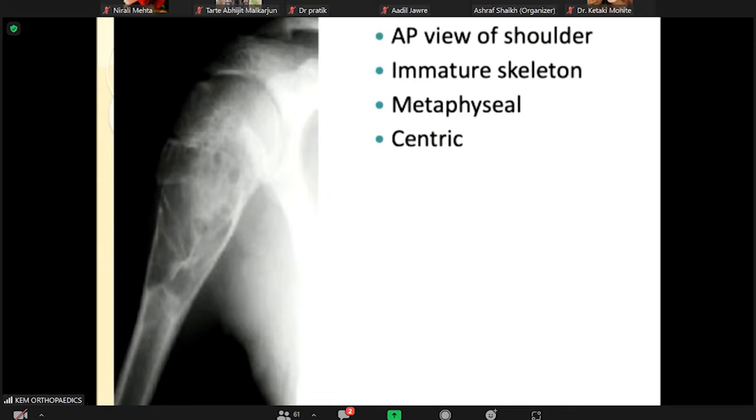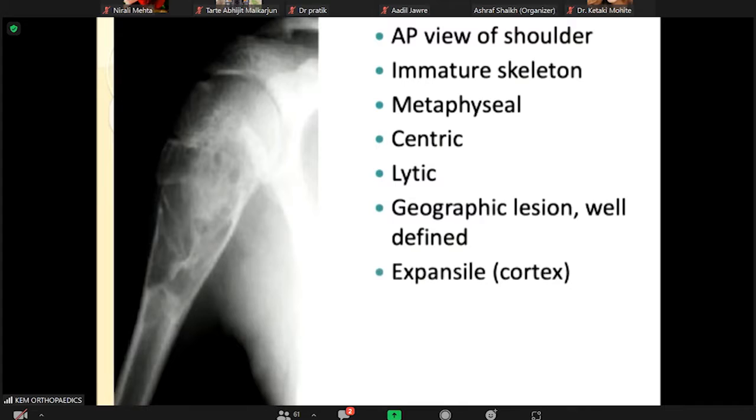Exactly why I'm doing this, because then you get that habit of speaking. That is the AP view of the shoulder in an immature skeleton showing a lesion in the metaphysis, which is centric and lytic. Suggestive of ABC. Okay.